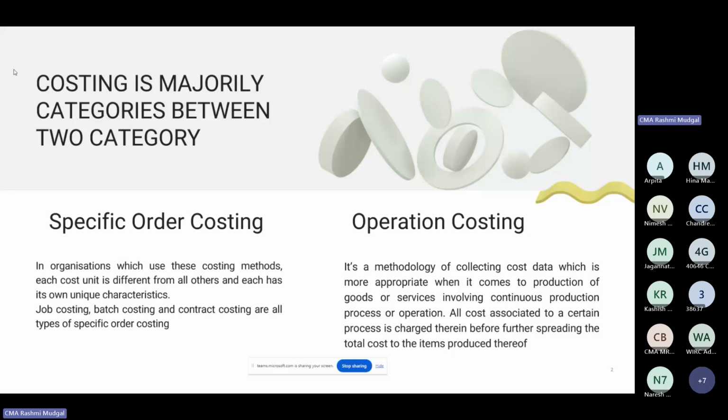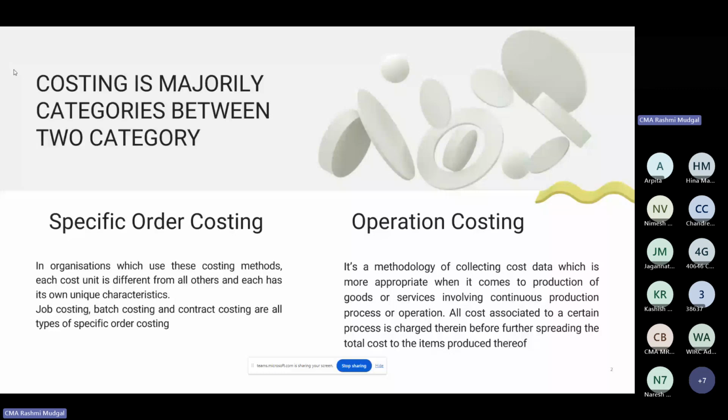For example, if I am going for furniture, I will take the furniture as per my requirement, as per the map of my house, how much space is in my drawing room, how much sitter sofa I want, what color I want. That goes into specific order costing, where I want a different material for my own needs. In operating costing, it is mass production, where goods and services involve a continuous production process.